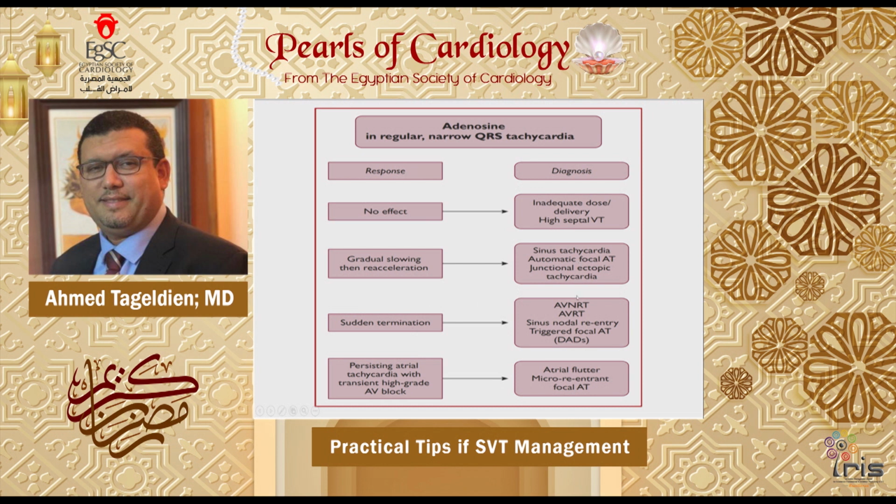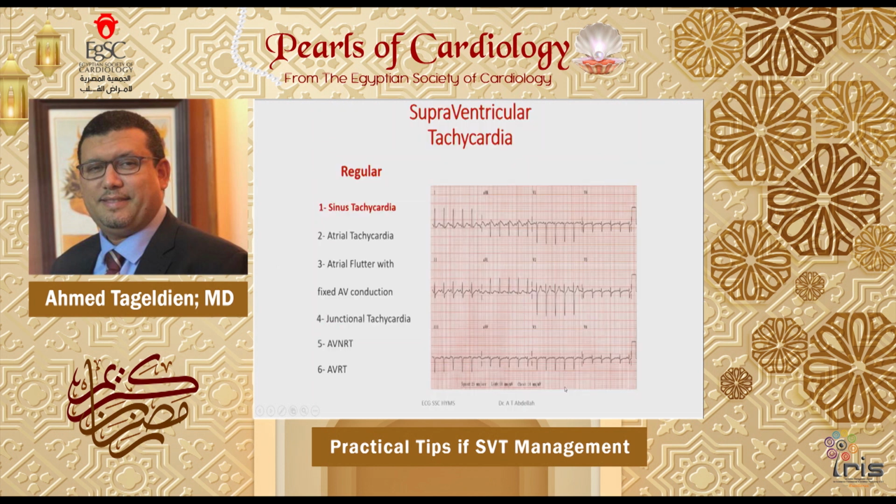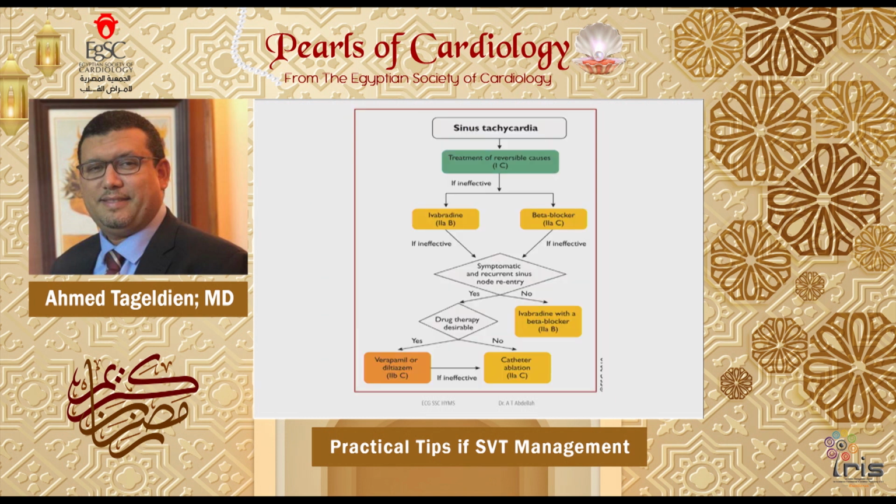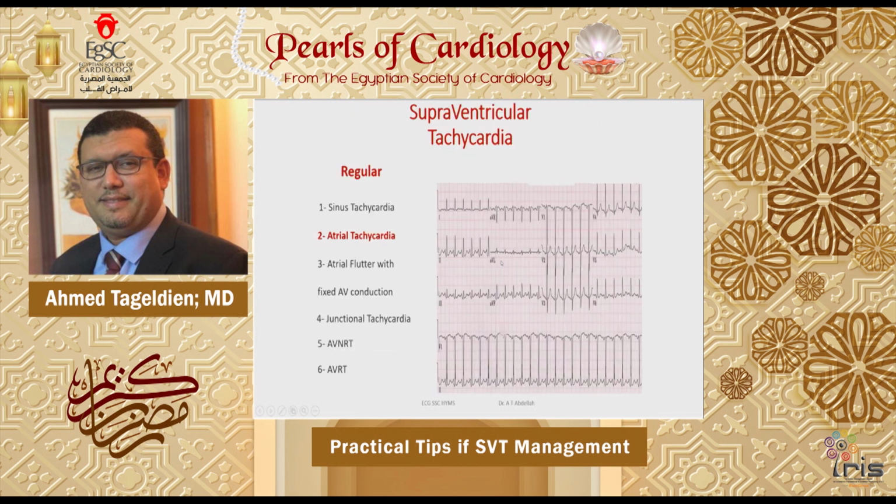Sudden termination occurs as in AVNRT, AVRT, and sinus node reentrant tachycardia, and sometimes persisting atrial tachycardia with transient AV block like atrial flutter. So this is sinus tachycardia, and if it is incessant sinus tachycardia, which is all day, we can give beta blockers or ivabradine or both together according to the guidelines if not controlled.